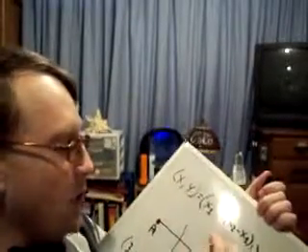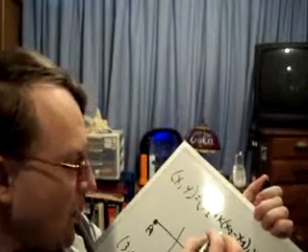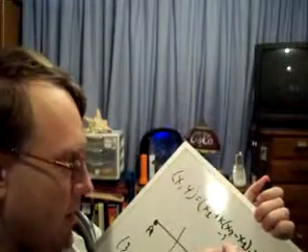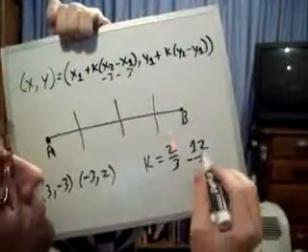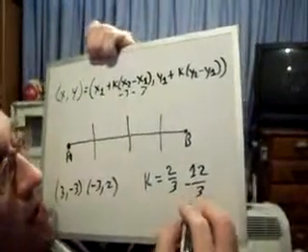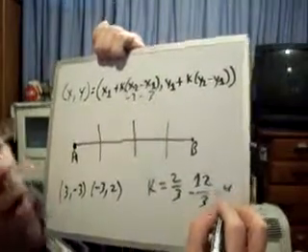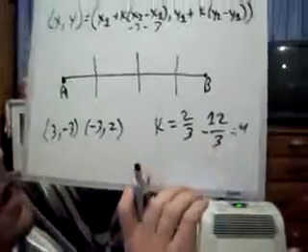Because remember, x2 was -3, and x1 was 3, and -3 minus 3, of course, is going to be -6. 2/3 times -6. What we're going to do is multiply the -6 times the 2. So we're going to have a -12/3. And as we all know, 12 divided by 3 is going to be 4.